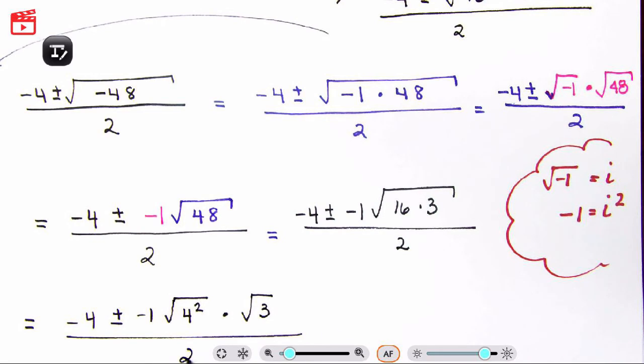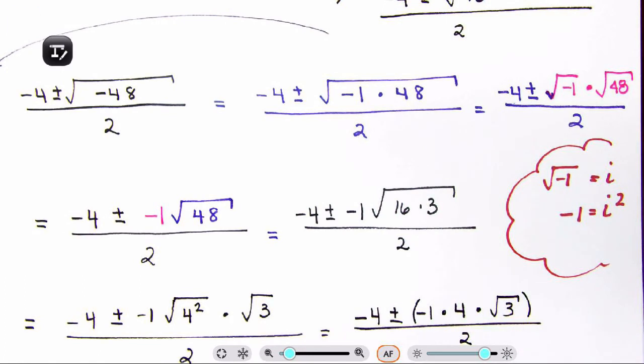All of this is still divided by 2. So let's simplify negative 4 plus or minus negative 1 times 4 squared and square rooted is just 4. We still have our times root 3 divided by 2. And lastly, let's just simplify all of this. I have negative 4 plus or minus negative 4 root 3 divided by 2.